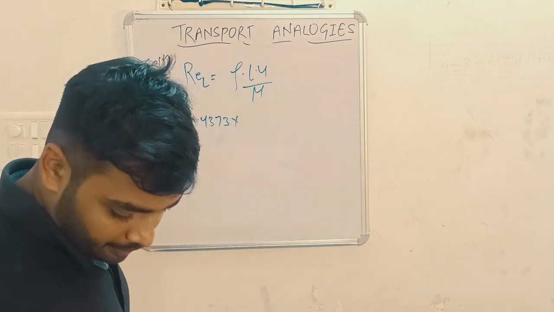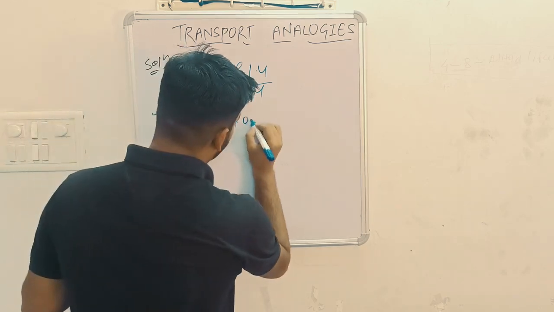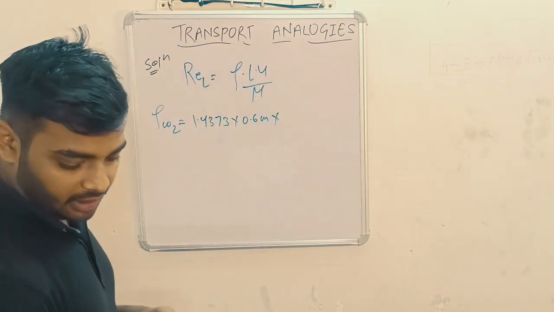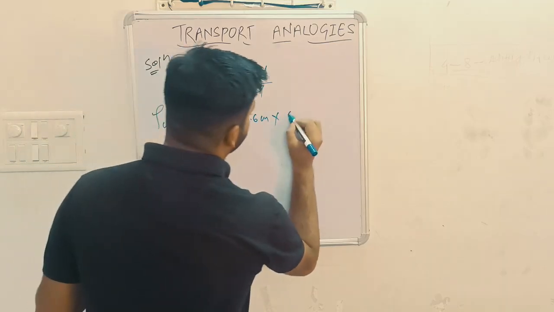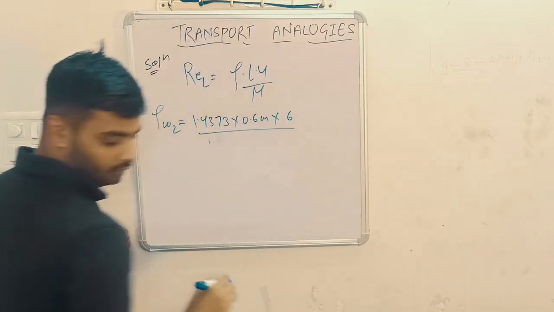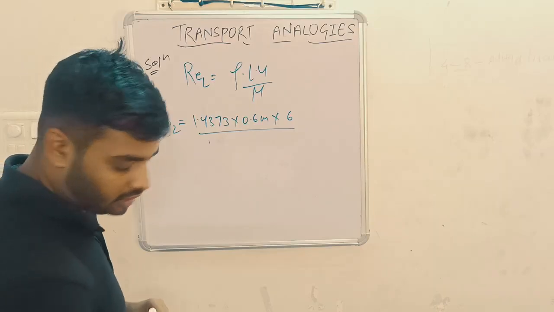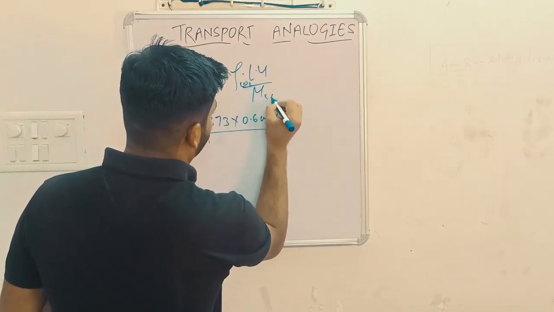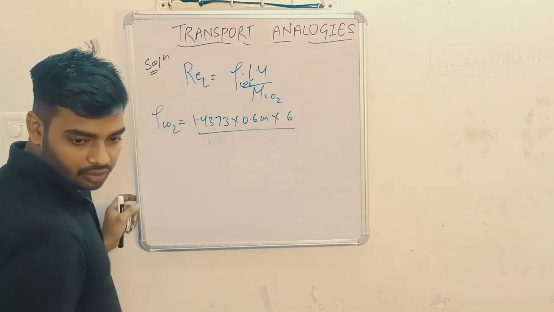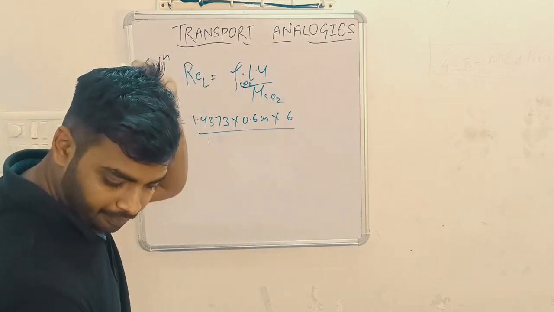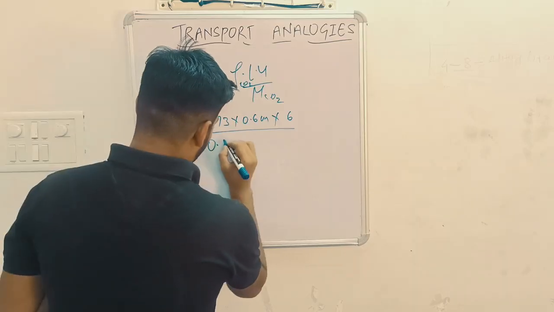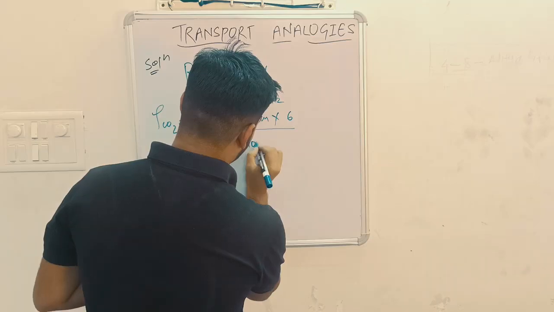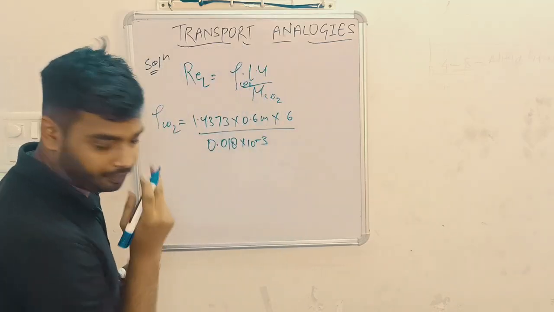Length of cylinder we have 0.6 meter, and velocity with which the gas is flowing is 6 meter per second. Also we have viscosity of CO2, which we have already told, 0.018 into 10 power minus 3.